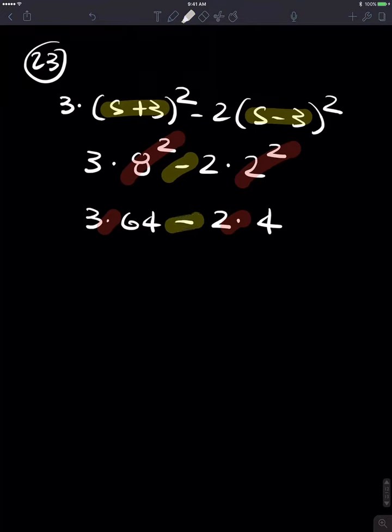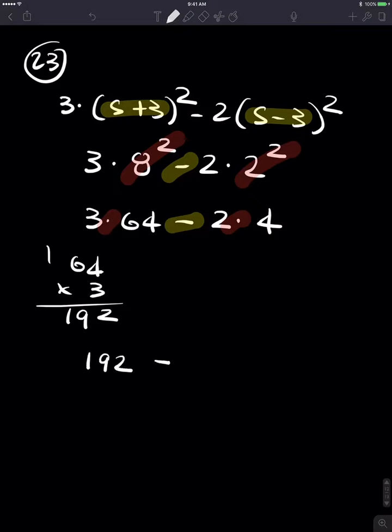I have 2 multiplication operations, and I have a subtraction operation. 3 times 64 is on the left. 2 times 4 is on the right. 3 times 64, if we do our algorithm, we get 12, 18, we get 192. 192 minus 2 times 4 is 8. 192 minus 8.